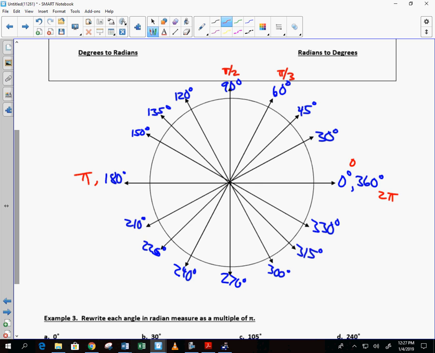So it's pi over 6. 180 is like 1 whole pi. Okay? You've got 45. How many 45s fit in 180? 1, 2, 3, 4, right? There's 4 of these slices that fit within 180. So 45 is pi over 4.